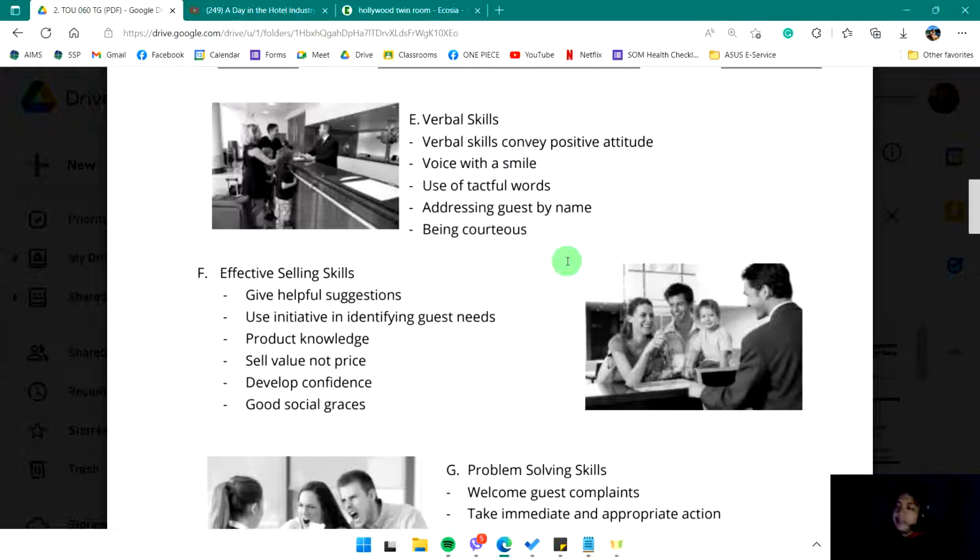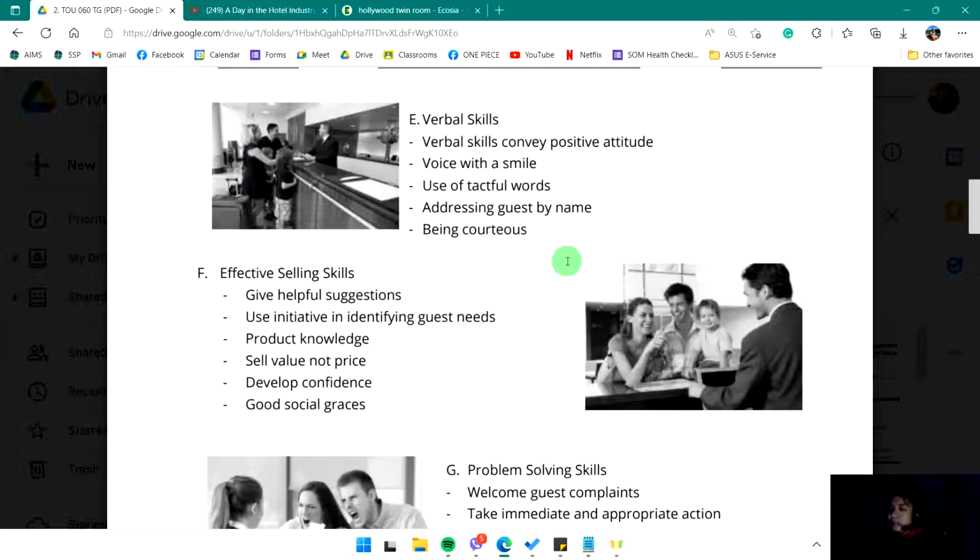Lalo-lalo na kapag kayo ay magtatrabaho sa ating industriya. Since our industry is very much customer related, para siyang BPO kung titingnan ninyo, no, yung trabaho natin. Very, or call center, very, tayo, guest-centric, or naka-center tayo sa guests natin.